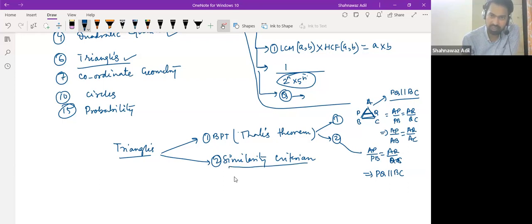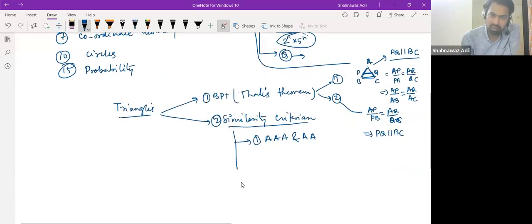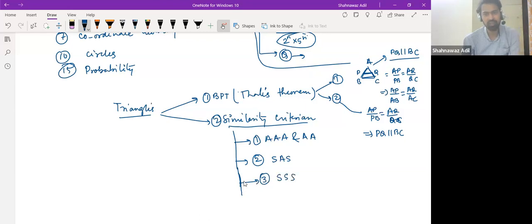In similarity criteria, we understood about the AAA criterion and also the AA criterion, right? And the second criterion was the SAS criterion. And then the third criterion was the SSS criterion, right?